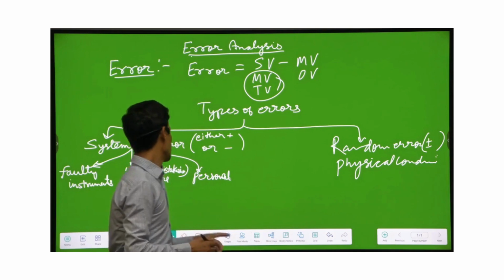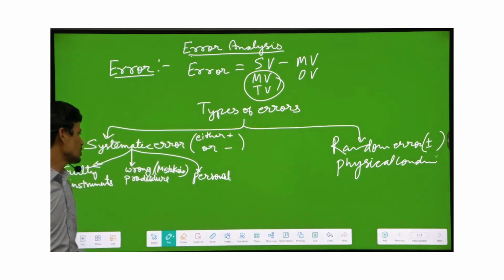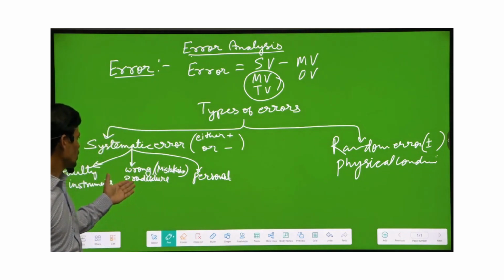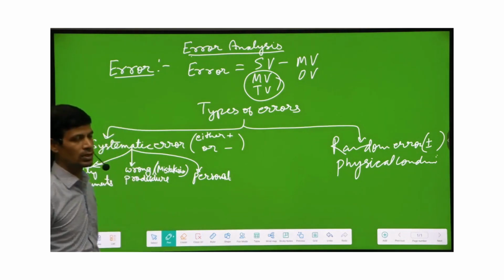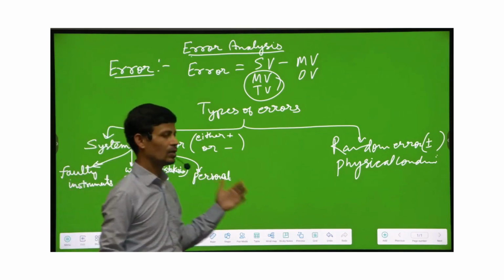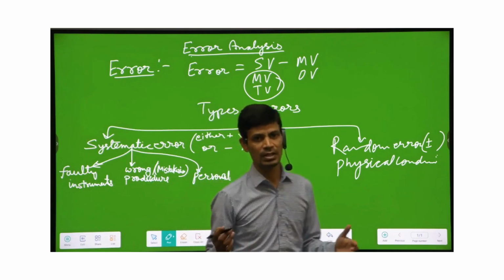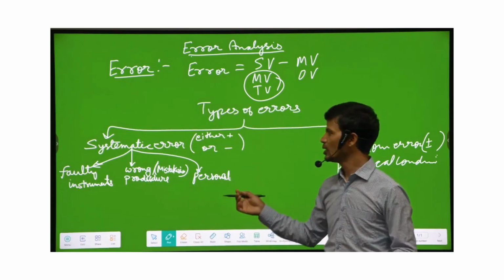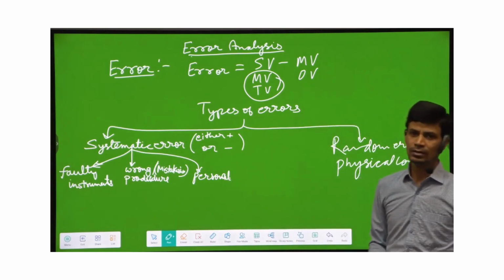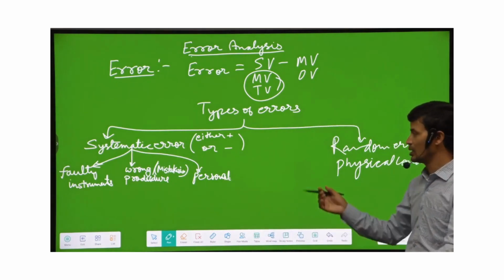So in order to minimize systematic errors, we can take a standard instrument with high accuracy, then we can follow the procedure perfectly, and we can avoid all our biases, and we could be very careful. Then we can minimize these systematic errors. We can't just remove them, we can just minimize them.